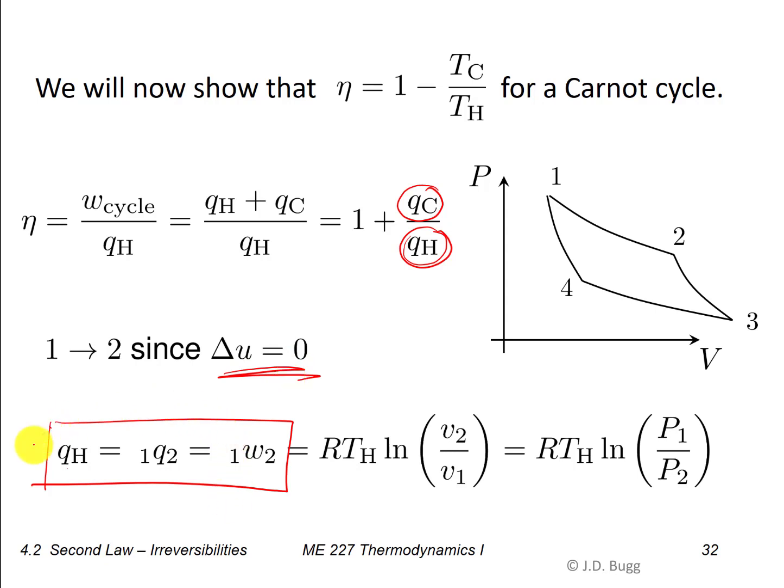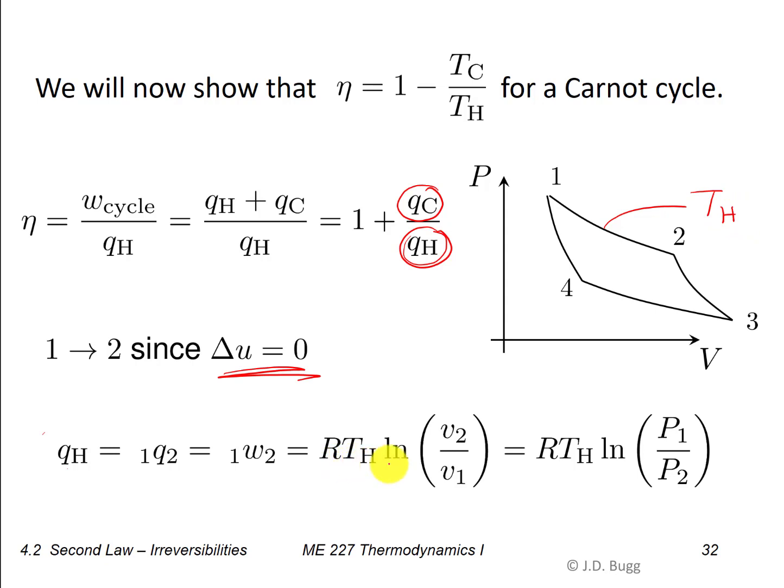Now, this is an ideal gas undergoing a constant temperature process, so the work transfer is equal to R, the specific gas constant, times the temperature this is happening at. So remember, the temperature during this process is TH.